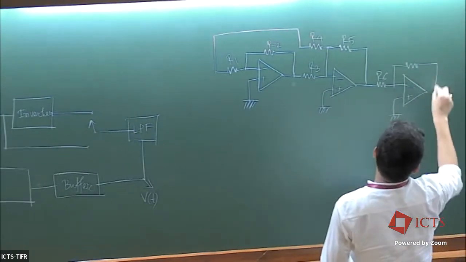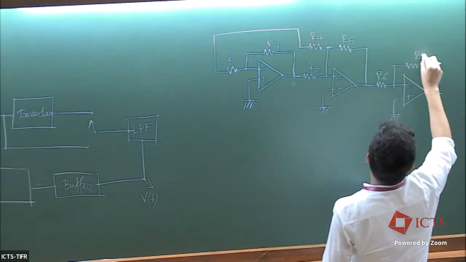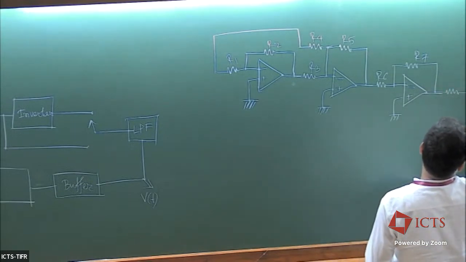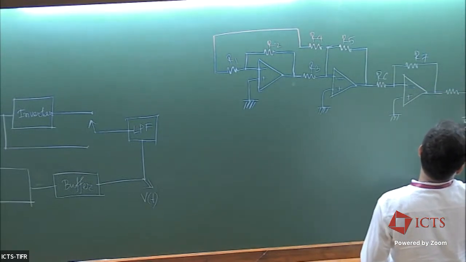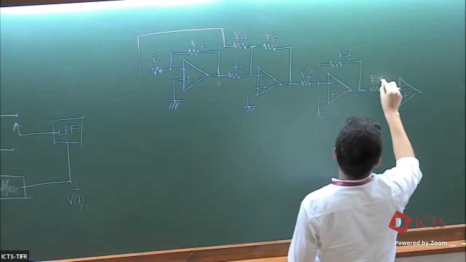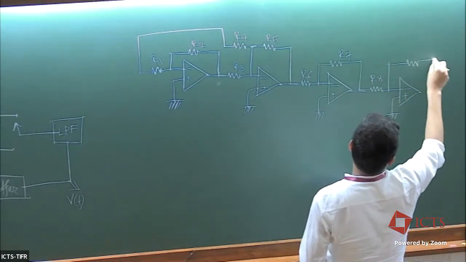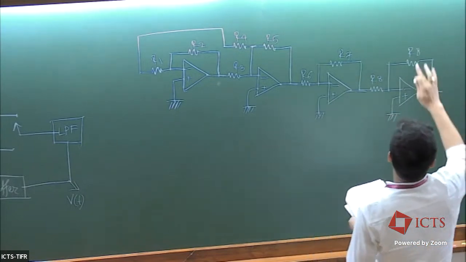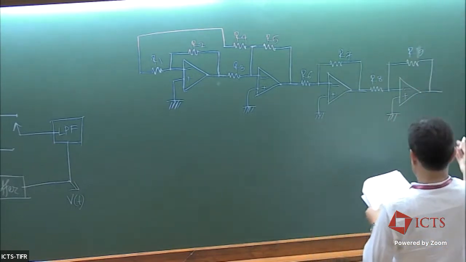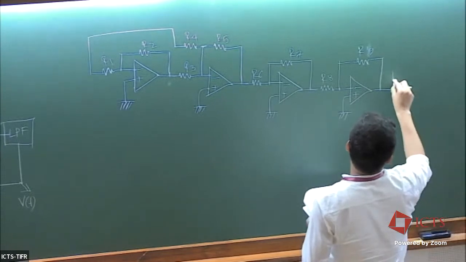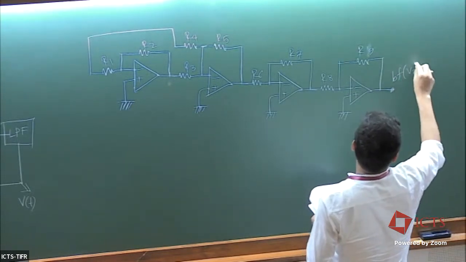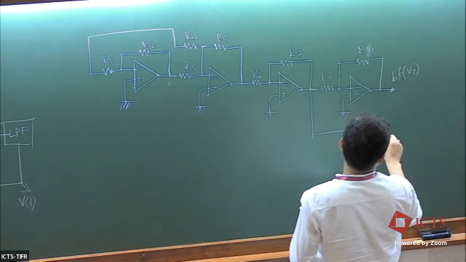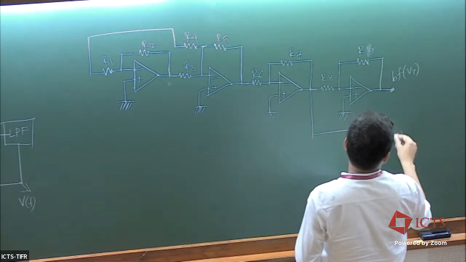This provides actually the gain. Now the inverter, R9, and here we get f of V tau, and from here you can get minus f of V tau.